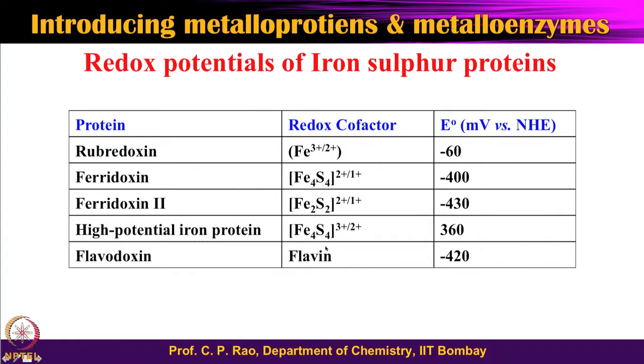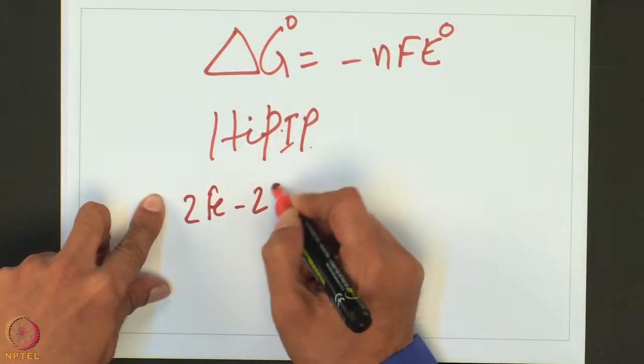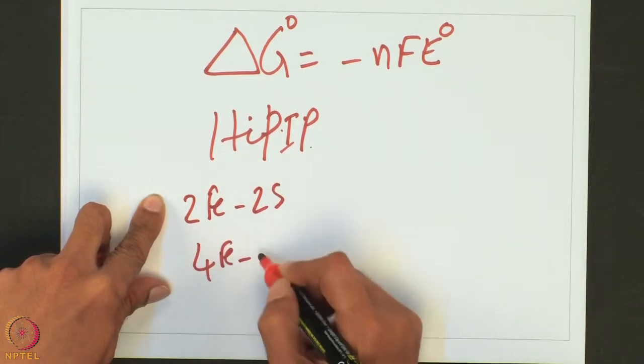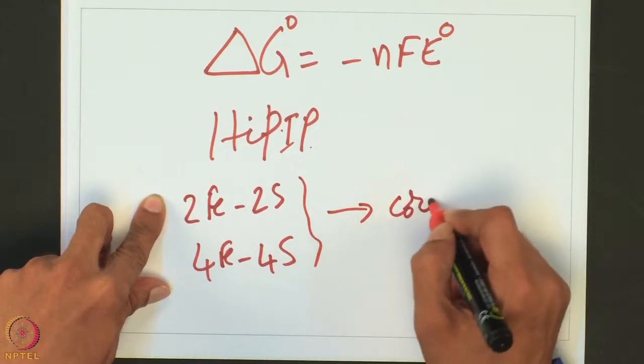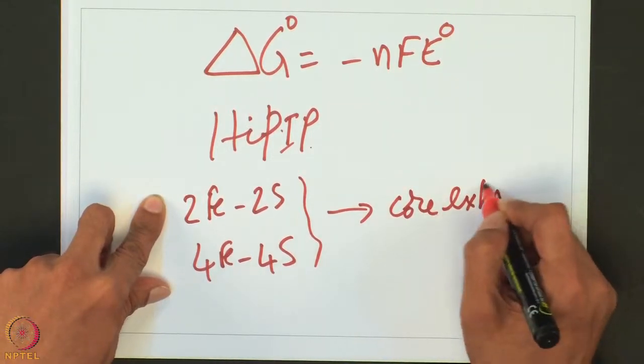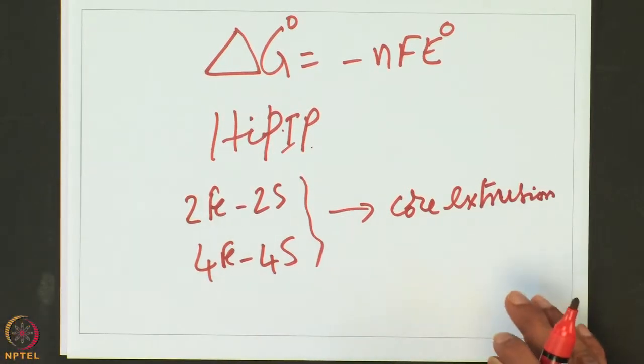Iron sulfur proteins are very nice to study. You can take an iron sulfur protein and find out whether it is a 2 iron 2 sulfur protein or a 4 iron 4 sulfur protein. How do we find out? Do a core extrusion. Because all of these are associated with thiol, use excess thiol.